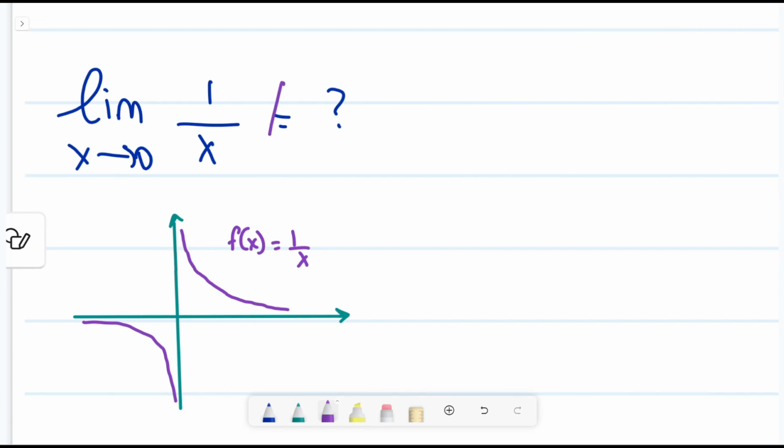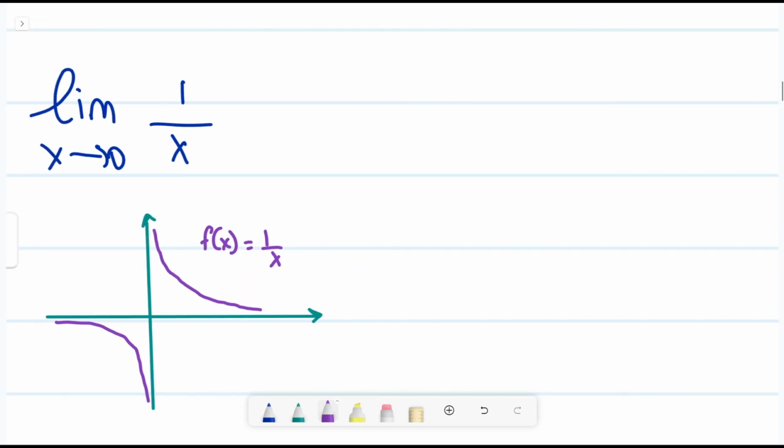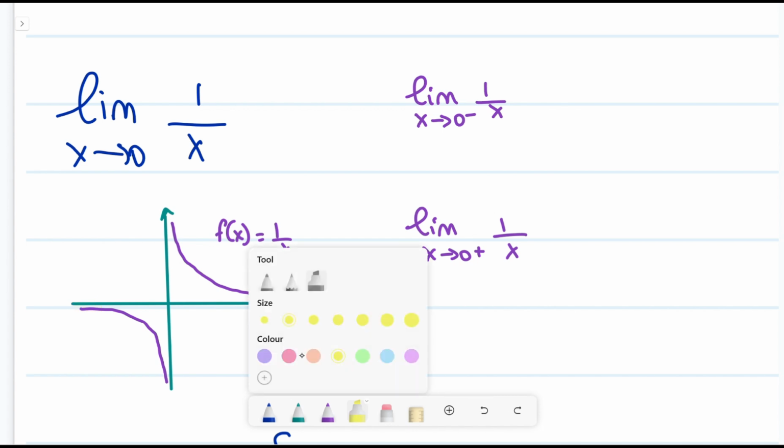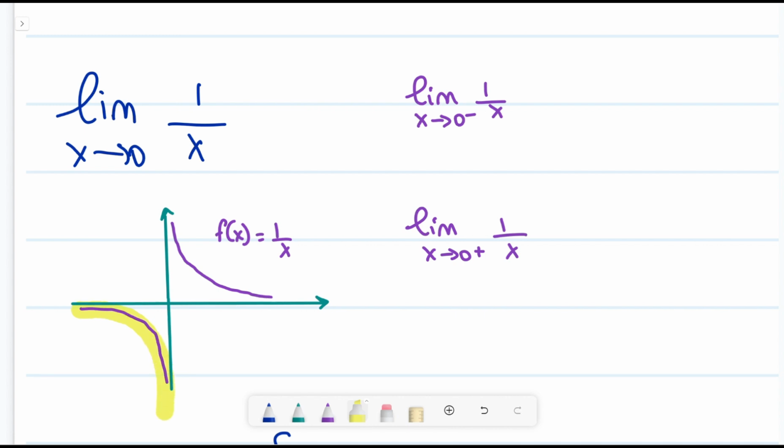So in such a case, we can split the limit. We can do the left hand side on its own and the right hand side on its own. Let's start with the left hand side. As x approaches 0, the graph is getting smaller, smaller, and smaller, and in such a case, as we mentioned earlier, it's equal to negative infinity.